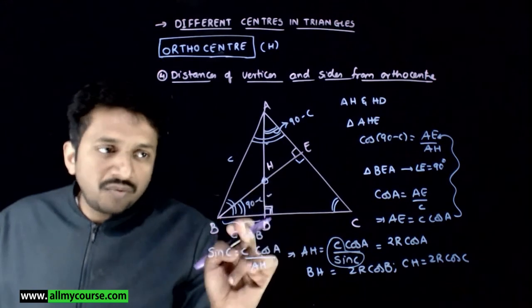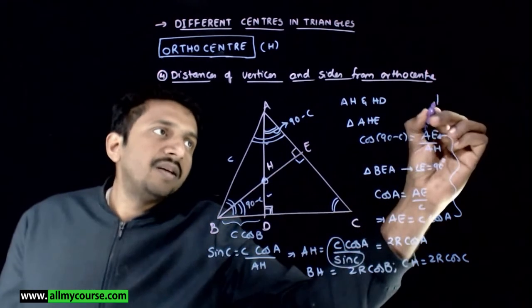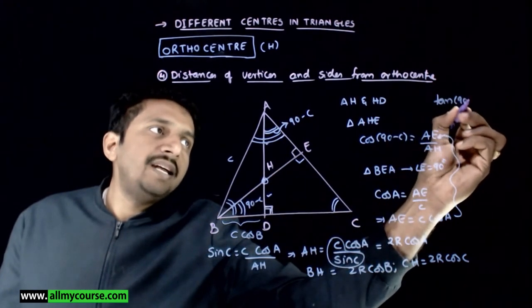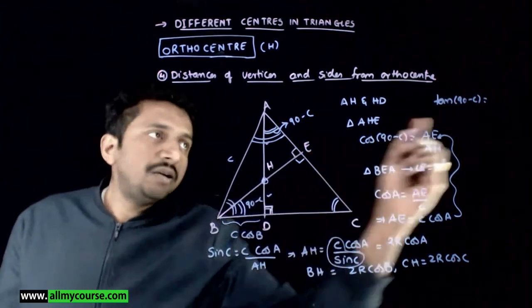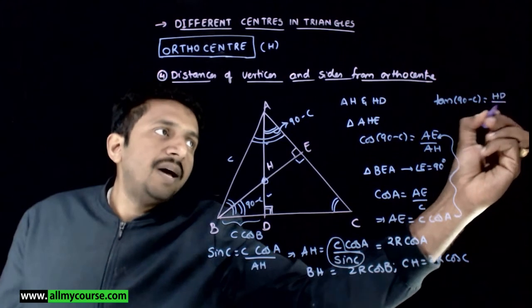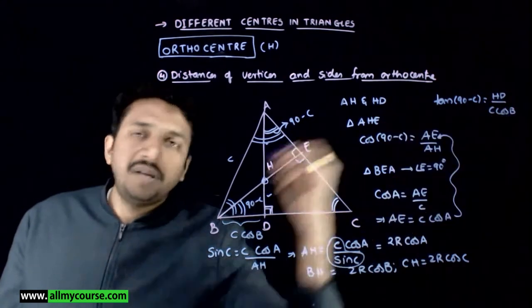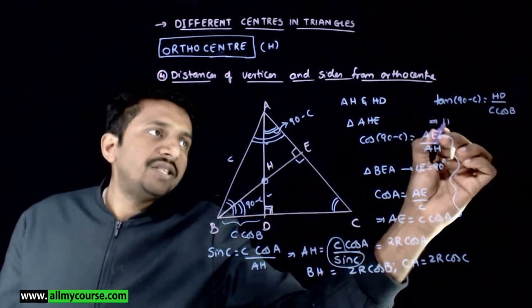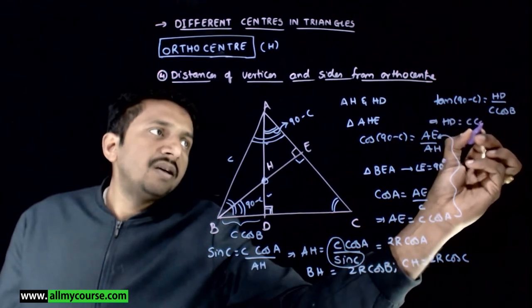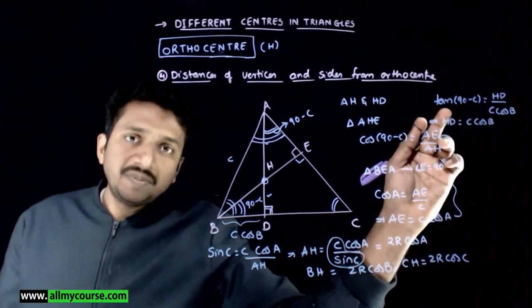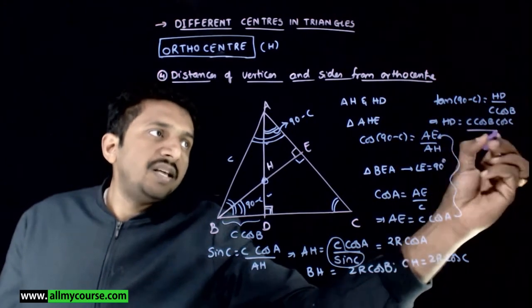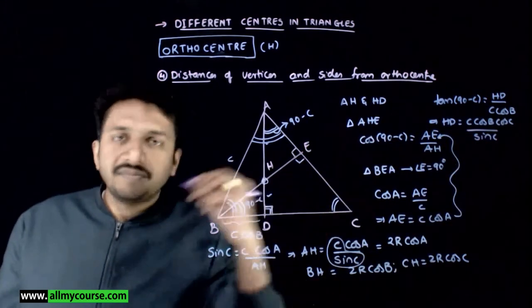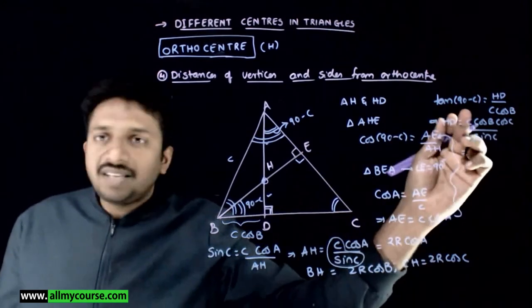So now which ratio will I use? Tan of 90 minus C is equal to HD by C cos B. This implies HD is equal to C cos B times tan of 90 minus C, which is cot C, cos C by sin C. And what is C by sin C?